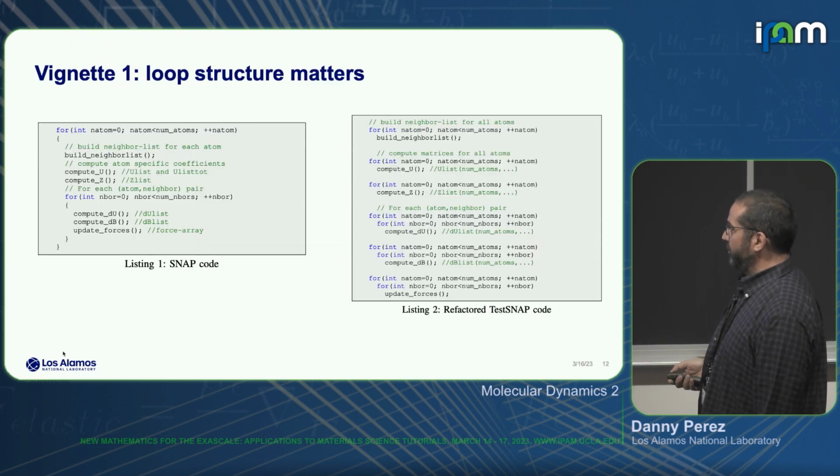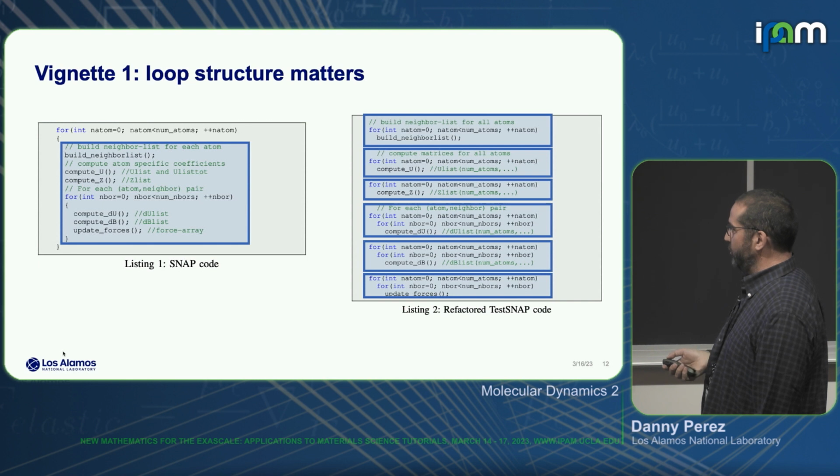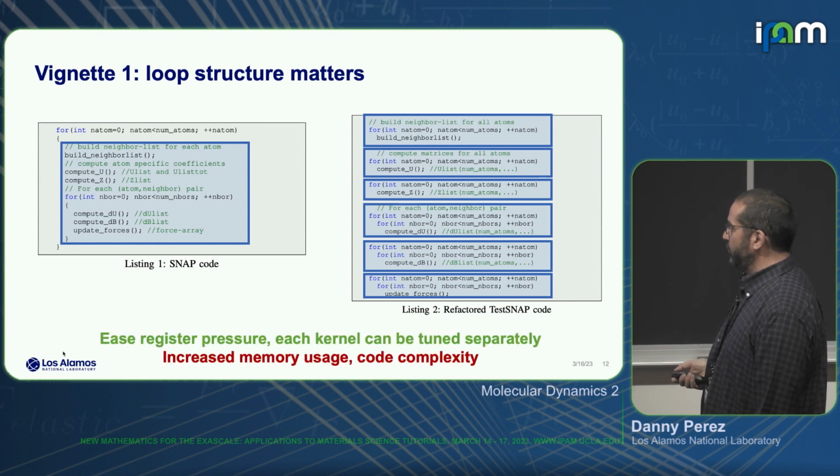Other things were ones where intuitively you wouldn't think it matters, but rewriting loops differently and breaking apart the kernels into different pieces helped a lot, because you could tune the execution of all of these things independently. It used fewer registers, which are a kind of cache memory that's very precious on GPUs.